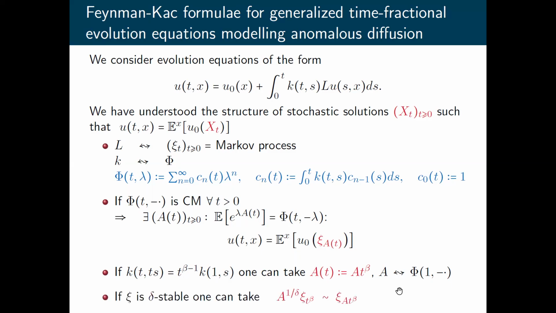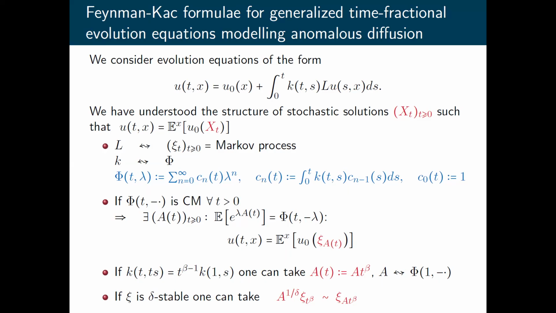Okay, and further, so in this step, when our kernel is homogeneous, we can take a particular A of t in this way, A multiplied with t to the power beta. So we have this process as a stochastic solution, and we can go further. If our Markov process Xi is stable, then we can pull out this random variable A and create a random scaling instead of this random factor A in subordination.